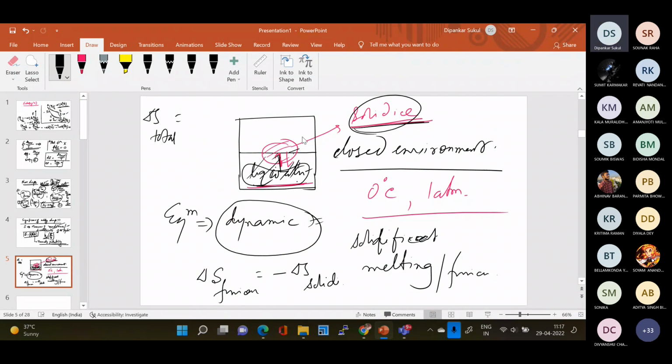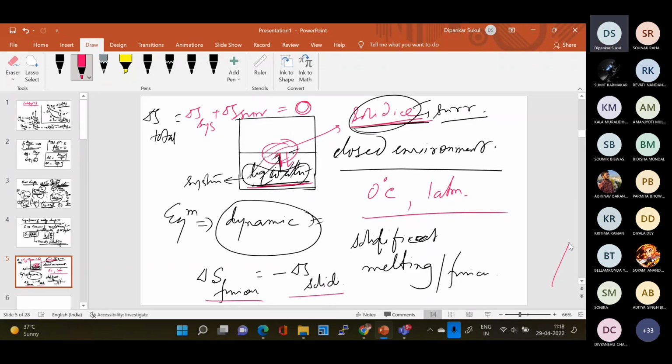There is nothing else with which this liquid water or solid ice will interact. Hence, if I consider liquid water as the system, then you can consider solid ice a surrounding, or vice versa. You can consider liquid water as surrounding and solid ice as the system. In any way, what will be the total entropy change? That is the entropy change for the system plus the entropy change of the surrounding. As these are equal with a negative sign, it will be equal to 0.